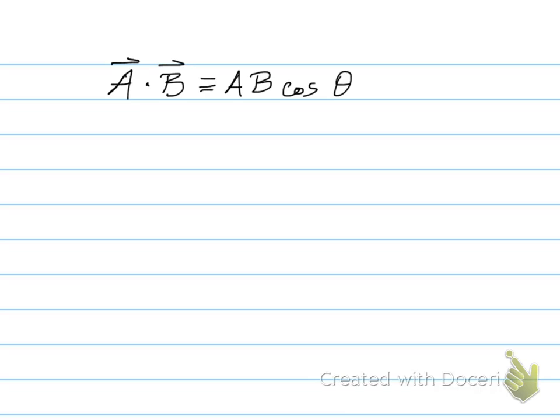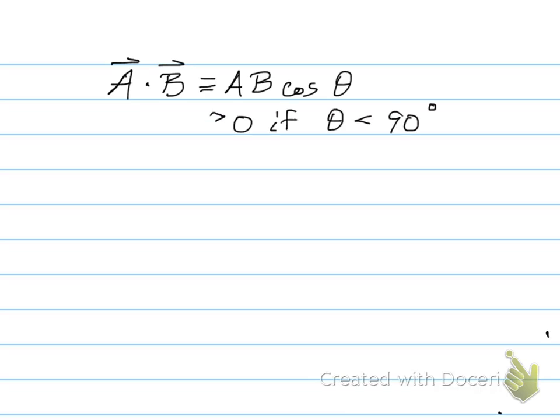If we look at our definition, we see pretty quickly that the two magnitudes on the right side are never negative. They can be zero if we have a zero vector, but they're not negative. And so if we have a non-zero vector, they've in fact got to be positive.